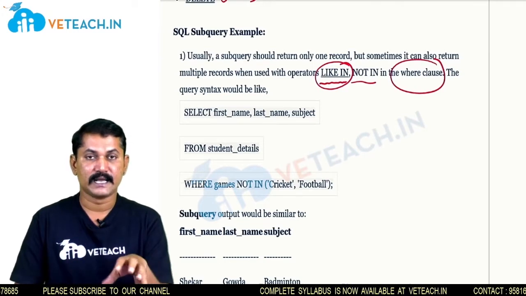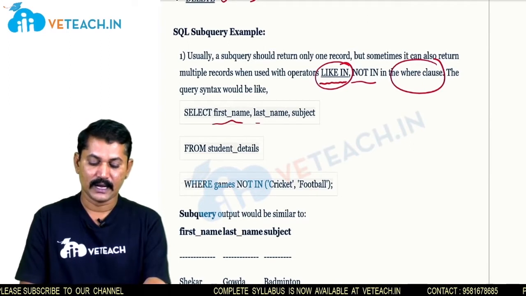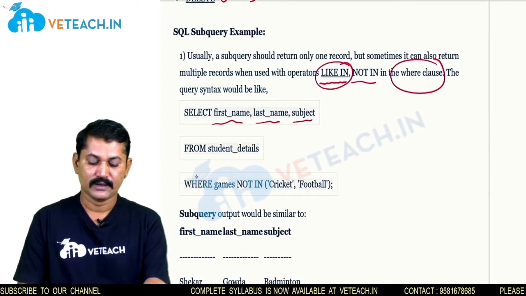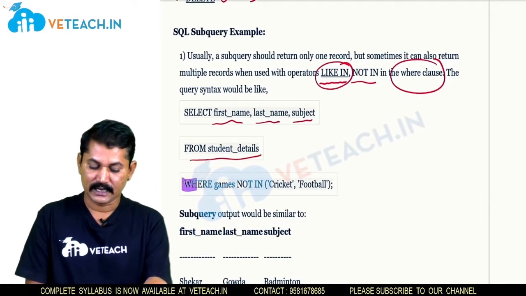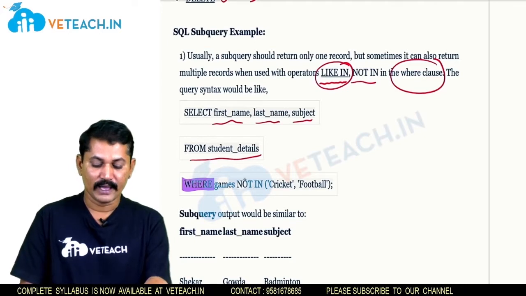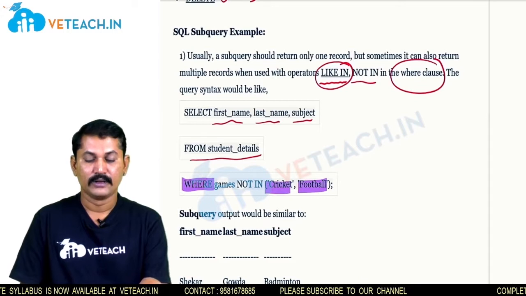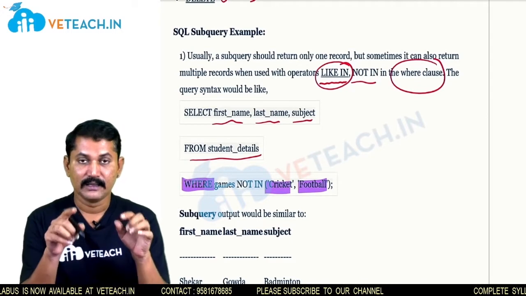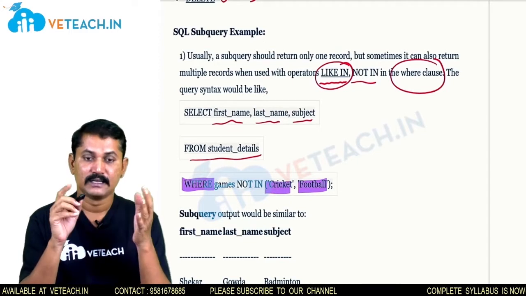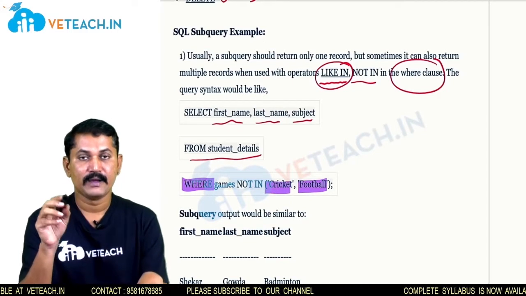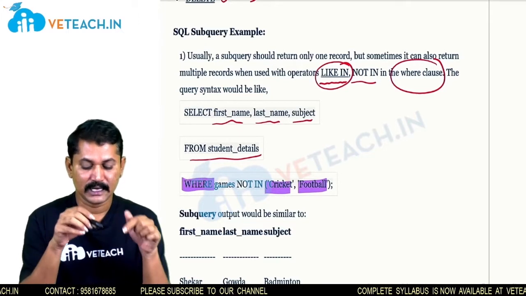The query and the syntax would be as follows. Select first name, last name, subject from student details. Here we are checking the condition through the where clause, where games not in cricket and football. That means we are selecting the attributes first name, last name, and subject from student details, and those should not be in cricket and football.